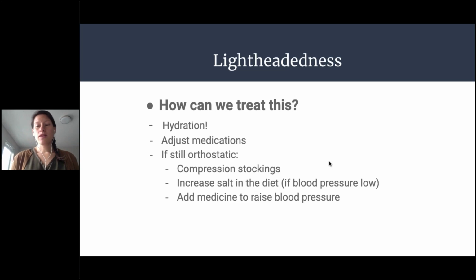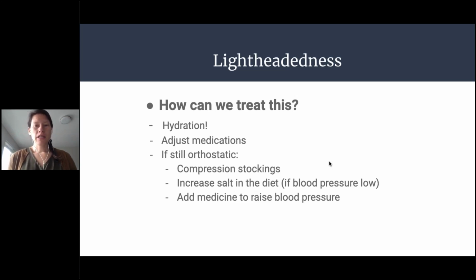As long as your blood pressure doesn't get too high, we could also recommend increasing the salt in your diet, because that helps the water stay in the vessels, and that increases blood pressure. And then we do have medicines that we can use to raise the blood pressure.